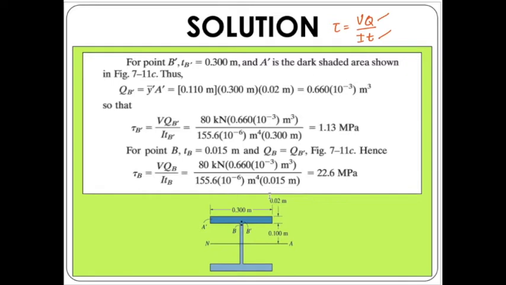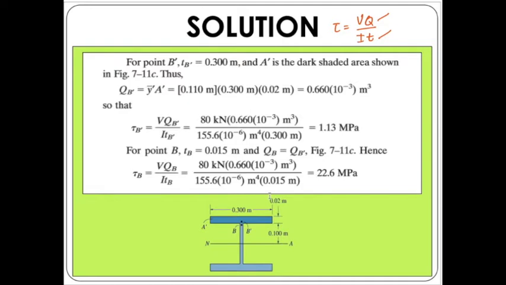So we are going to look into the area that we are going to consider, the distance from the centroid, as well as the thickness or width of the section. Here we look into Q B prime, which is y bar multiplied by A prime.